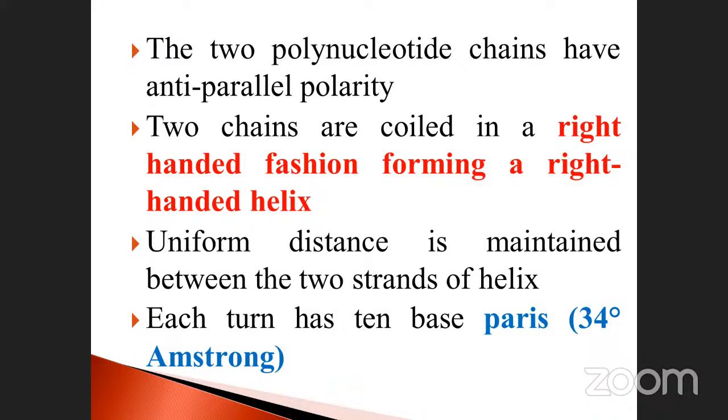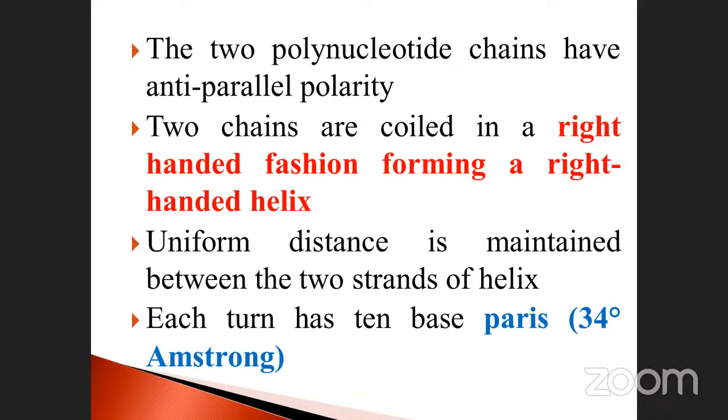D-glucose molecule sometimes they give, L-glucose; D is denoted as dextro, L is denoted as levo. Likewise, the DNA structure also has only two sides, right or left. That is right-handed fashion or right-handed helix. Suppose it is left-handed fashion, left-handed helix.